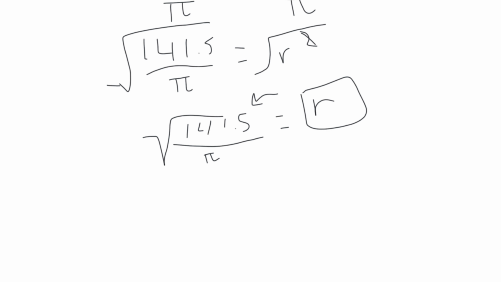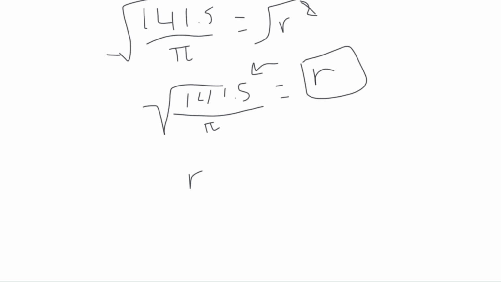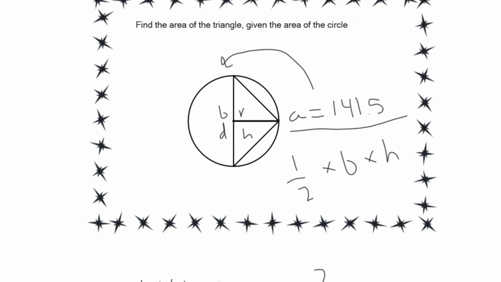So now we have the radius. So r equals 45.04. And that's the exact one. I didn't round it or anything. So we go back here. I'll just erase this carefully so that we have less cluttered space.